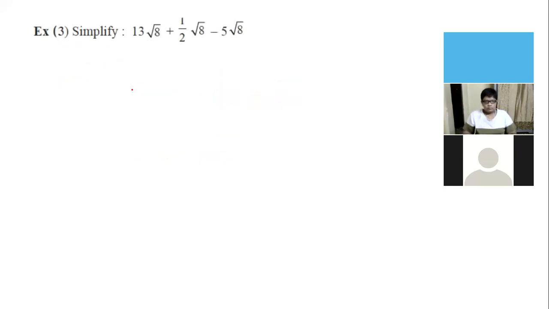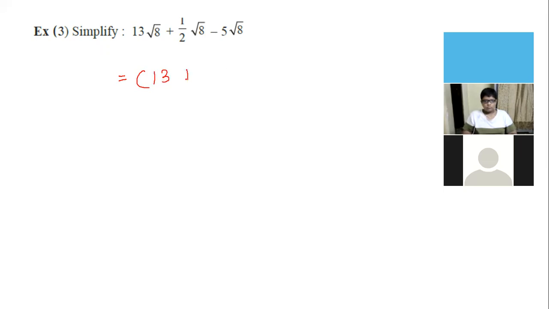Okay. So let's see this one. Simplify 13 root 8 plus 1 upon 2 root 8 minus 5 root 8. Now one thing, see, all of the three terms have root 8, the radical common. So whatever is common, you take it outside.